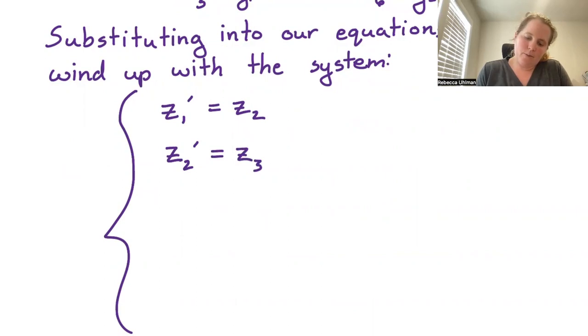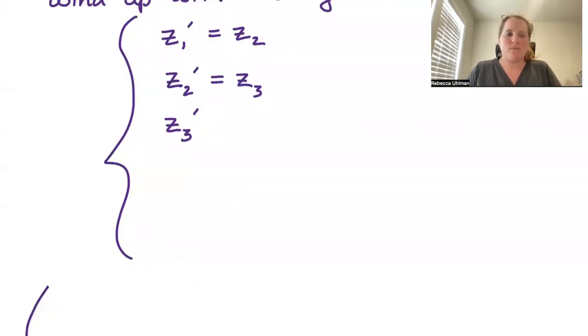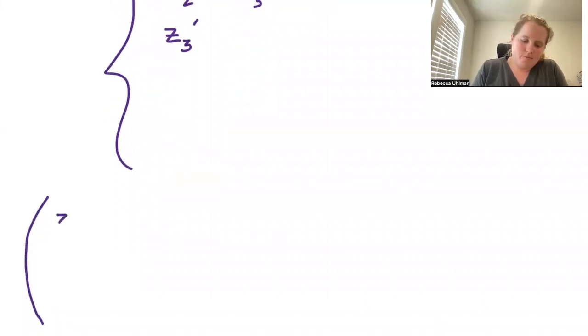For z3 prime, we're going to rearrange our original equation. Apologies, my screen is not updating. So for z3 prime, this was just our third derivative of y1.